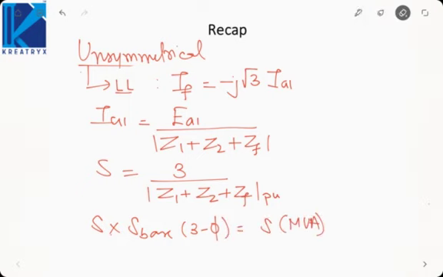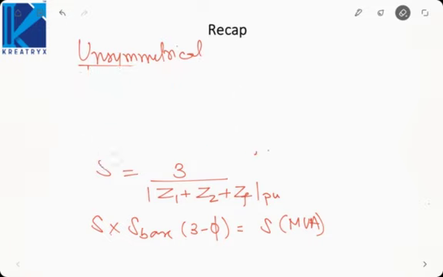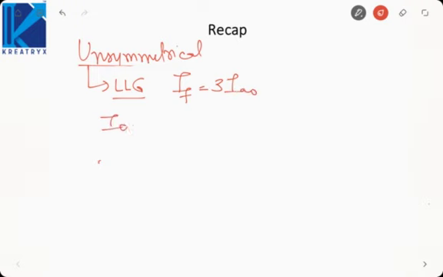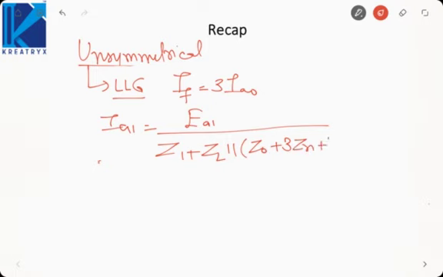The next type of fault that we saw was the double line to ground fault. In this we saw the fault current was equal to 3 times IA0. We calculated IA1 as EA1 by Z1 plus Z2 in parallel with Z0 plus 3Zn plus 3ZF.